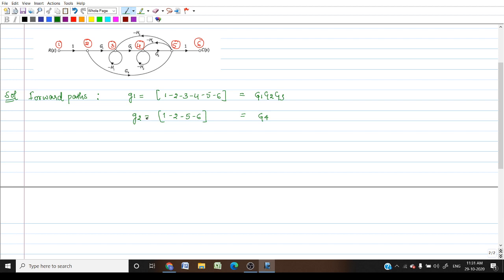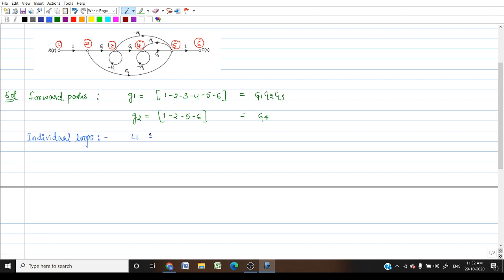Next, we need to find out the individual loops. So coming to the individual loops, there are four individual loops. We'll name them one by one. The first one is L1.